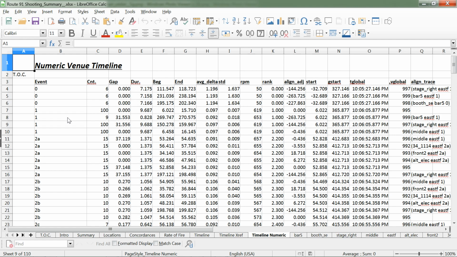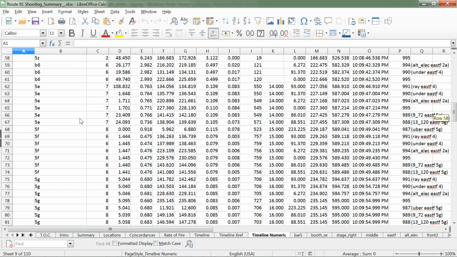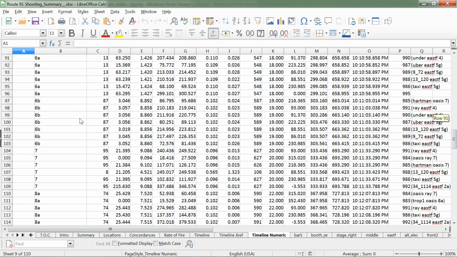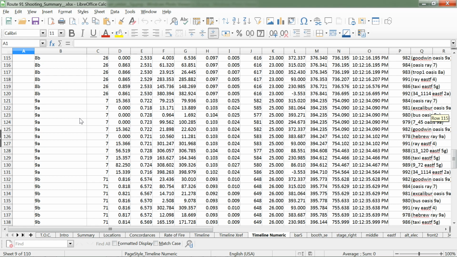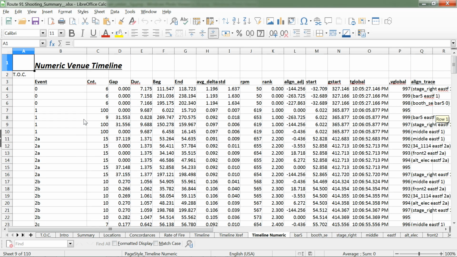And what this does is give me a quick way of comparing all of them straight down, and if I'm careful, I can find quickly things that don't match. So let's look at column C, and that gives me a count. For volley 0, which is the first shots, I have 3 videos here, and they all have 6 counts. That's good. Come down to volley 1, and I have 3 100s and 1 9.